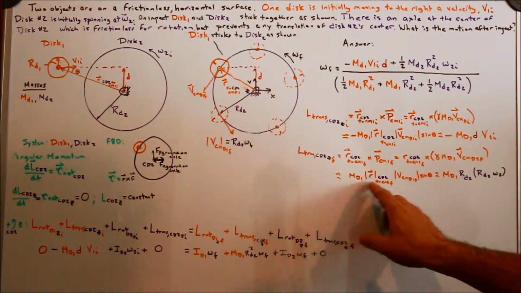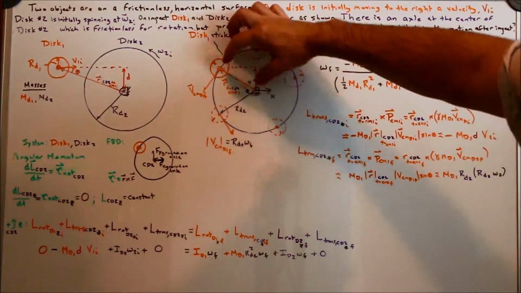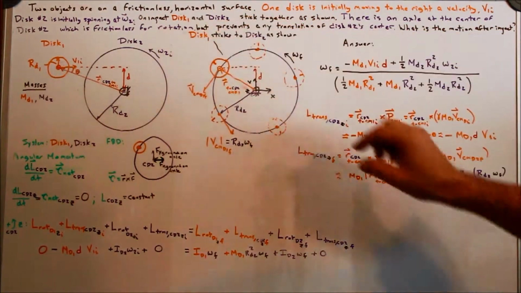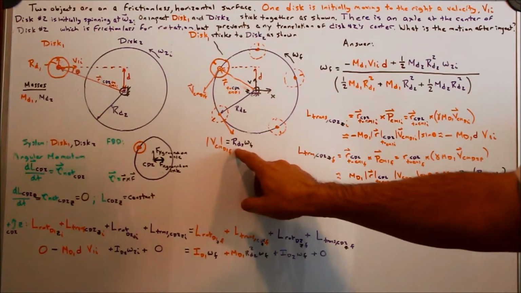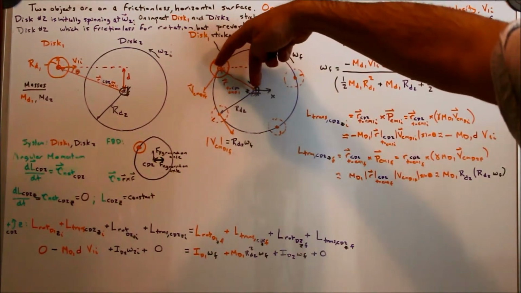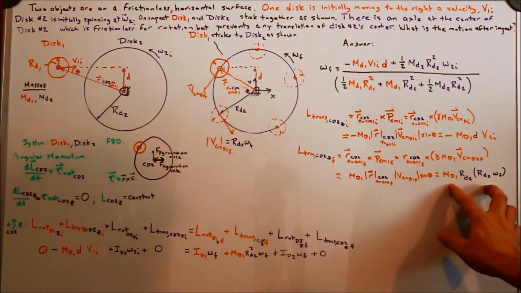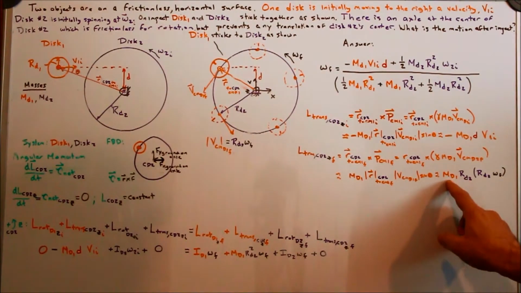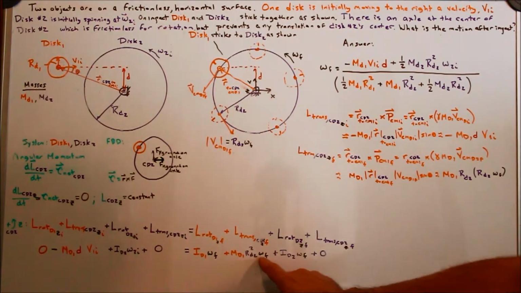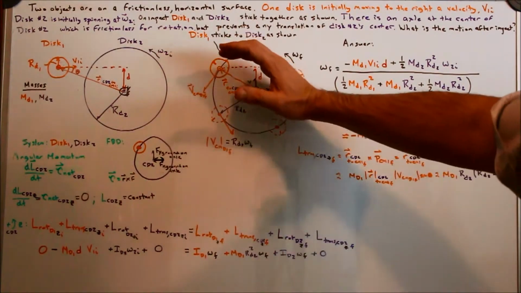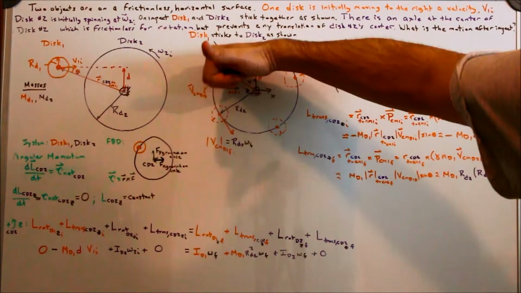So m times r, the magnitude of r from this point to that point, and the velocity is the radius times angular frequency final. So this is the mass times r sub d squared times angular frequency. I put that in here, and then once again check. Yes, that's r cross v out of the board, positive.